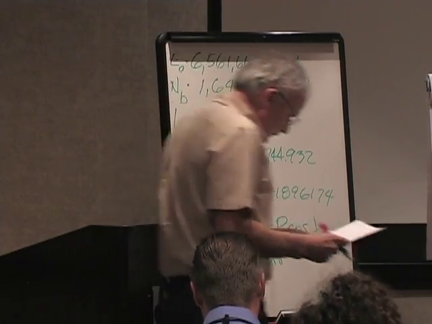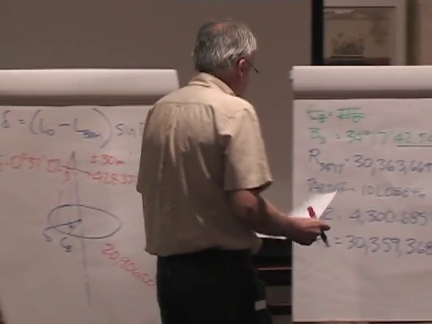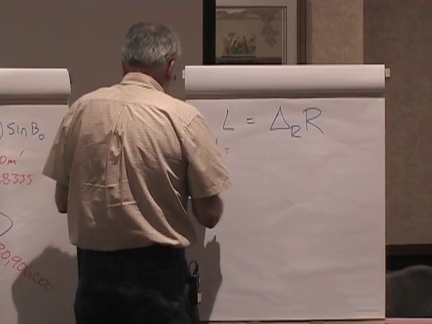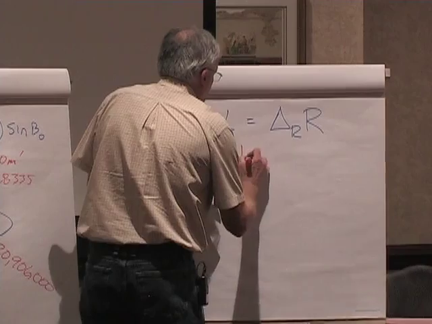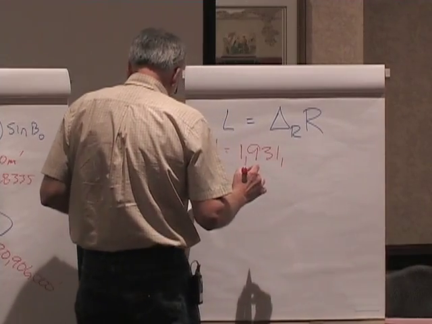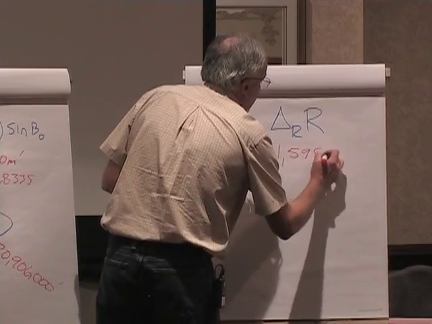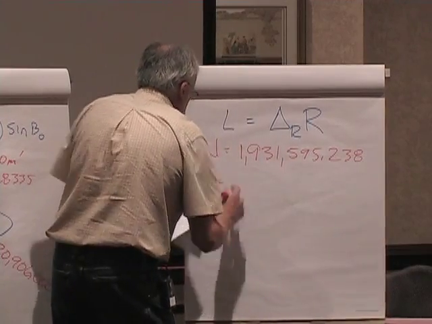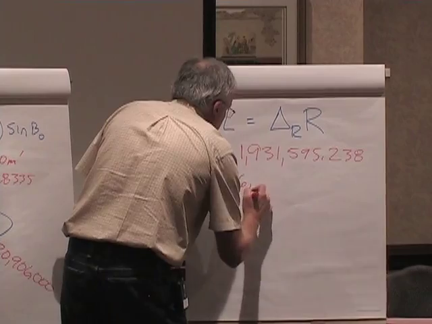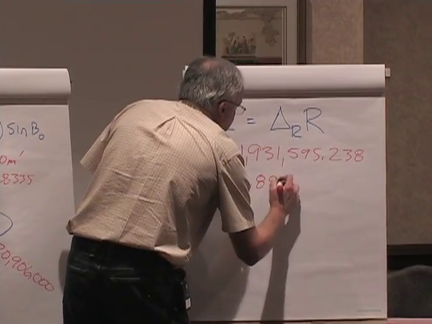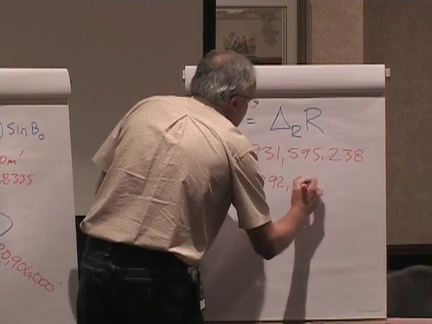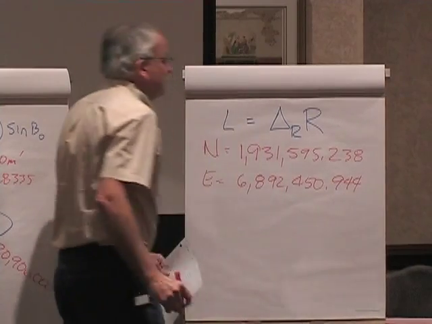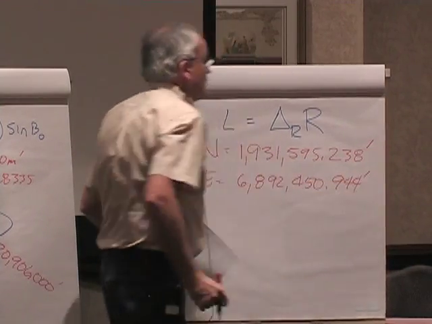And if you do that, you end up getting a northing for Point Bernardino of 1,931,595.238 and an easting of 6,892,450.944. And these are in U.S. survey feet.